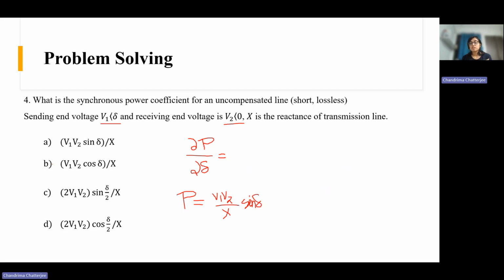So for finding the synchronous power coefficient, you will have to differentiate it with respect to delta. This becomes cos delta. Hence, the synchronous power coefficient is V1 V2 cos delta by X, option B.